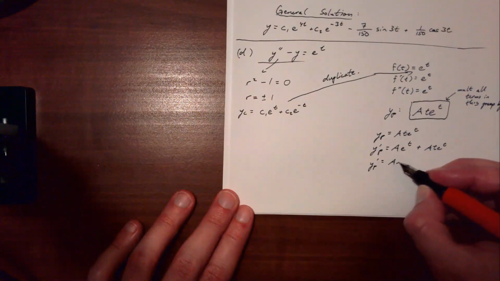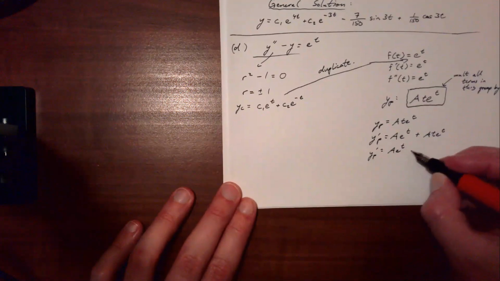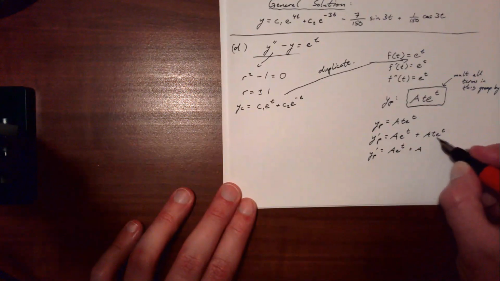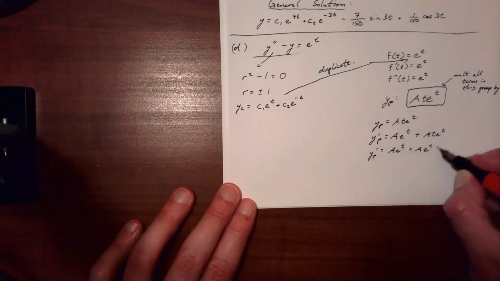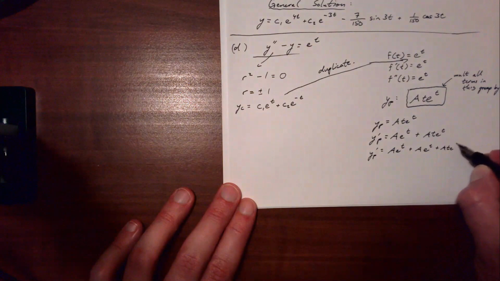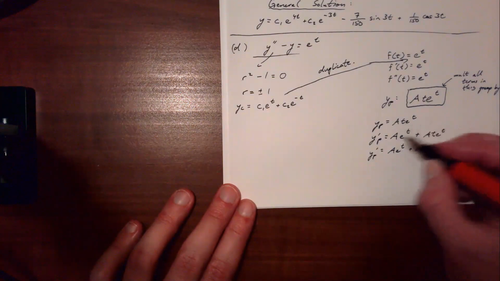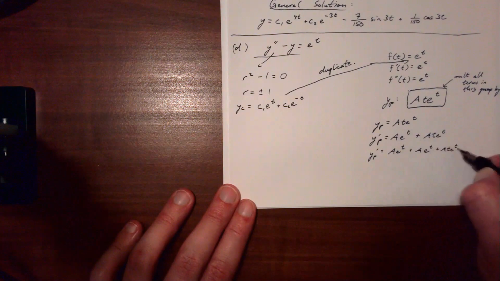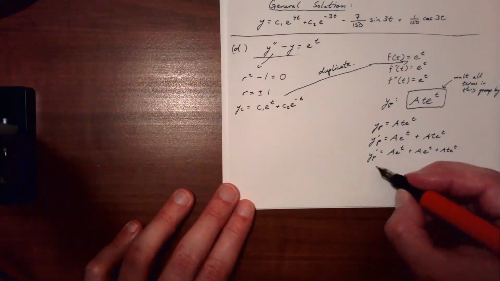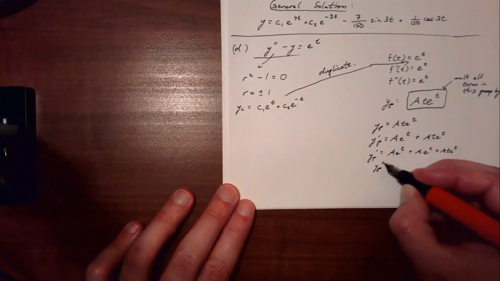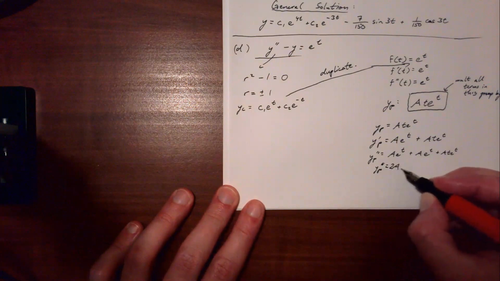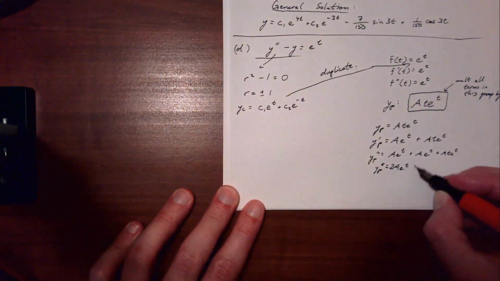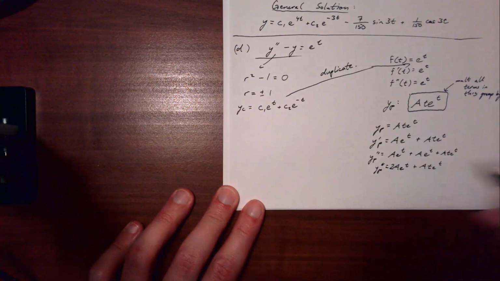So a e to the t stays unchanged, and then we get another copy of the same thing we produced a second ago: a e to the t plus a t e to the t, by the same logic as led us from here to here. And so then yp double prime is going to be 2a e to the t plus a t e to the t.